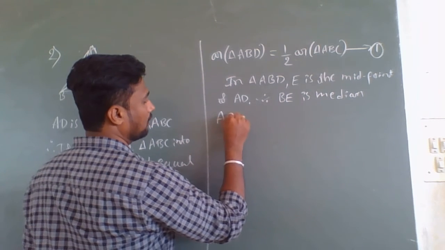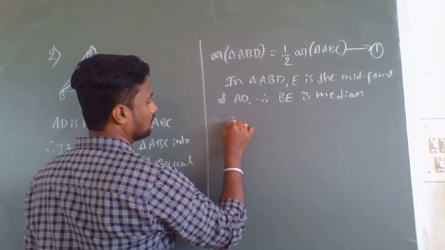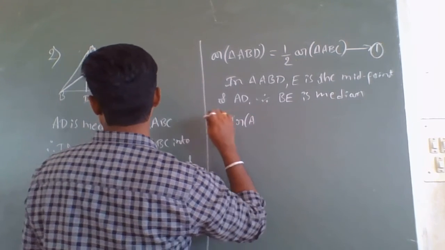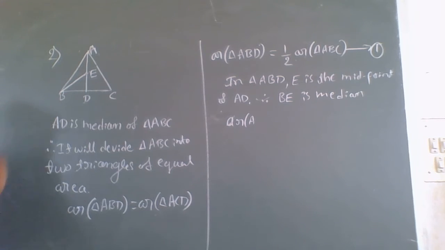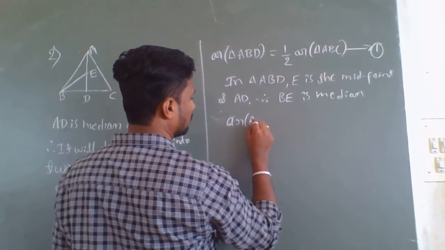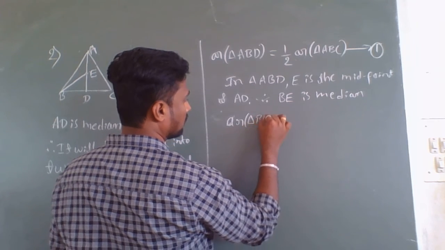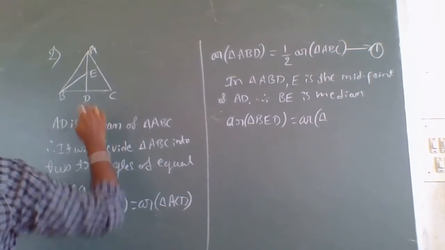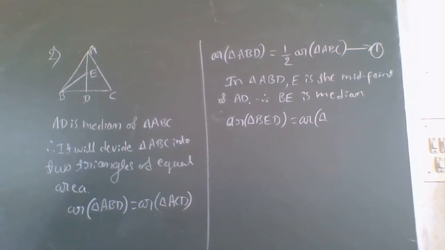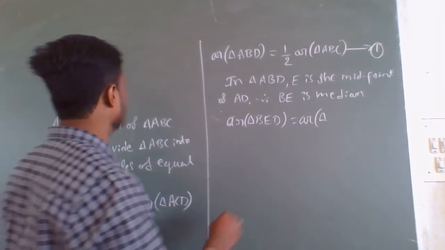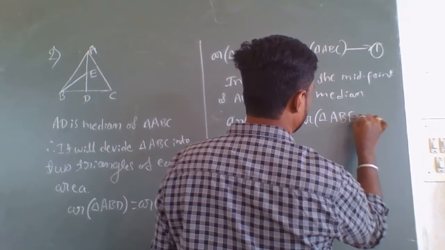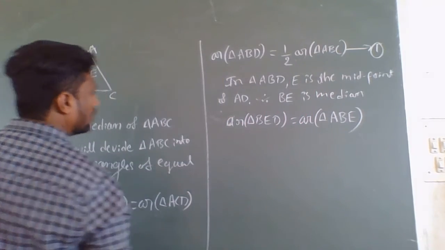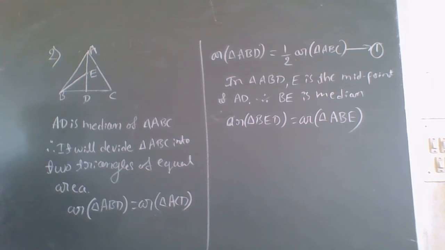So here, if BE is the median, then area of BED equals area of ABE. These two are equal in area.